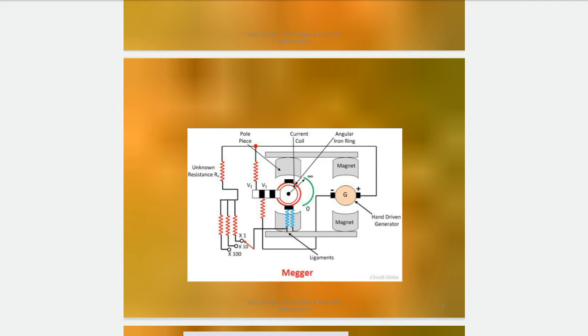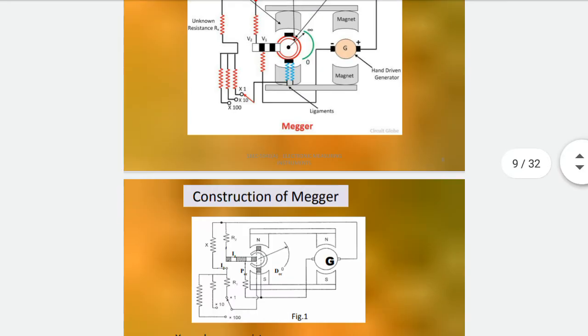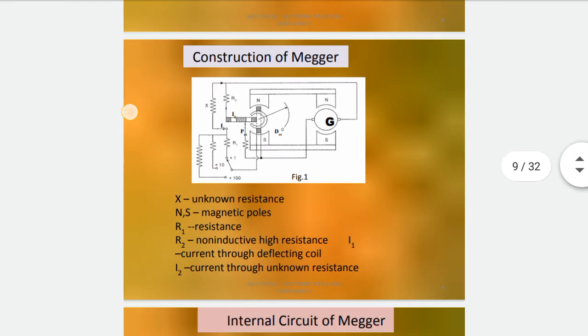The generator energizes the two coils over separate wires. The deflecting coil, the current coil, is connected in series with R1, as you can see in the figure. This is the construction of Megger, and this is the alternate figure.